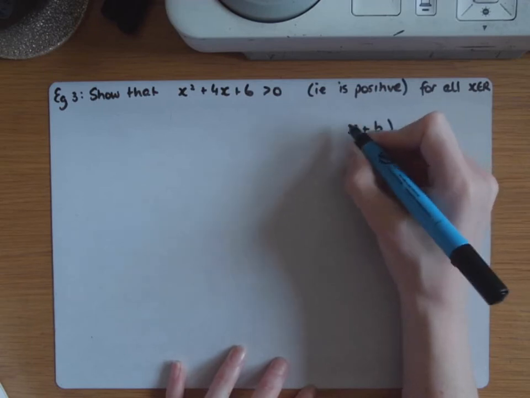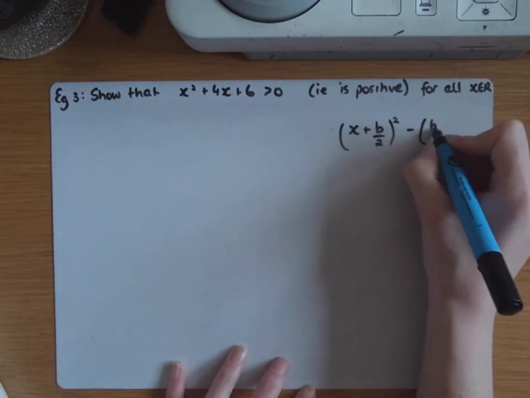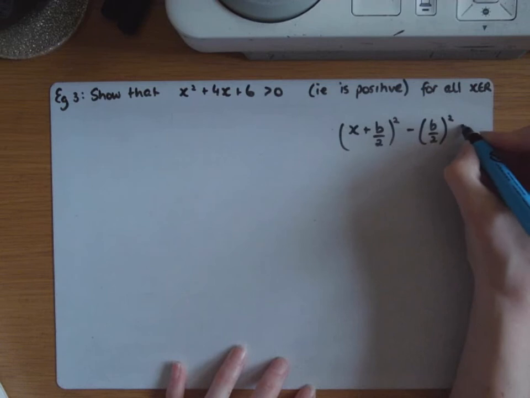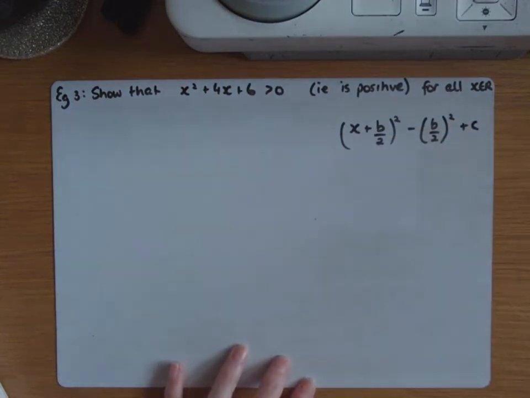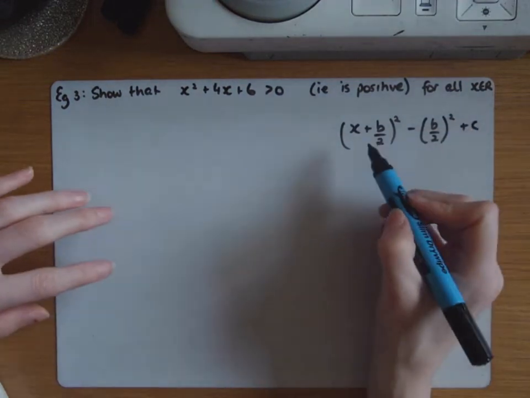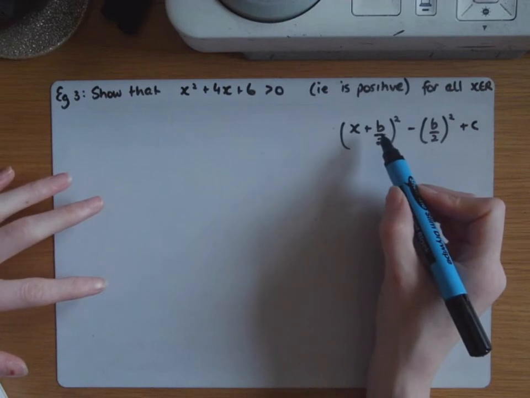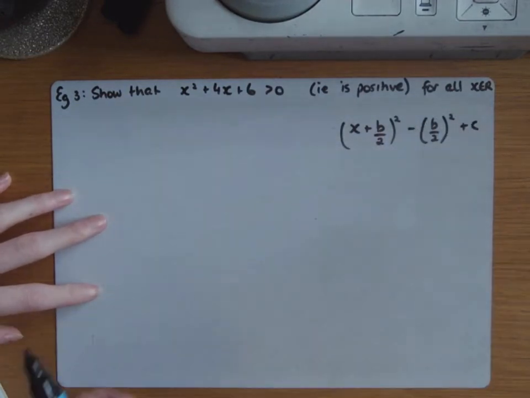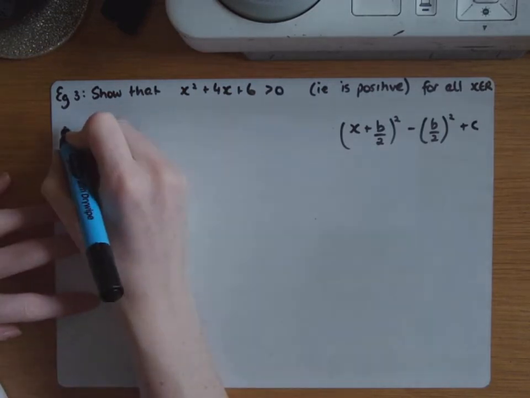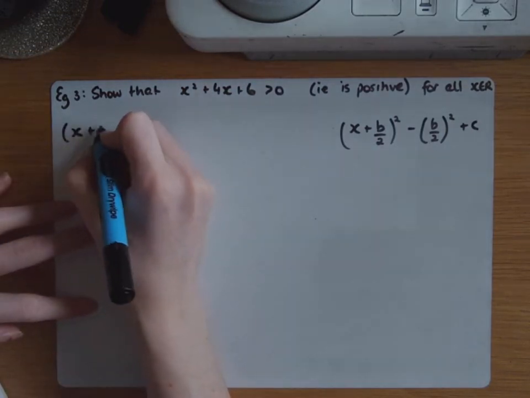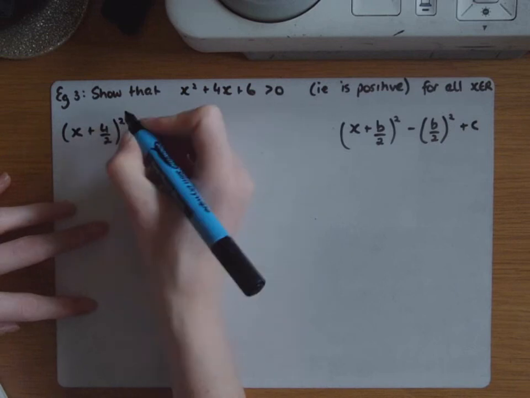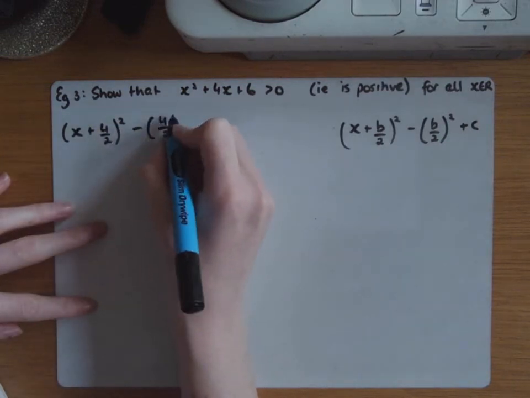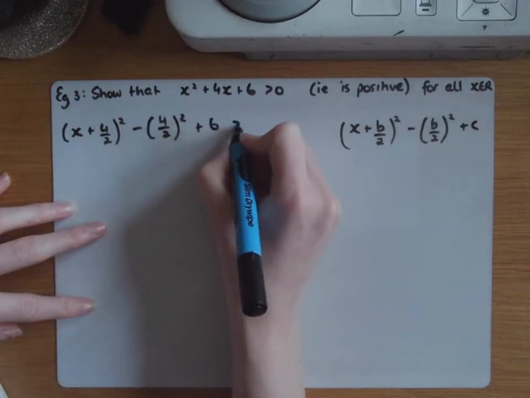So this is your formula for completing the square. Okay, so x plus half the coefficient of x, squared, minus half the coefficient of x, squared. So it's going to be x plus 4 over 2 squared minus 4 over 2 squared plus 6.